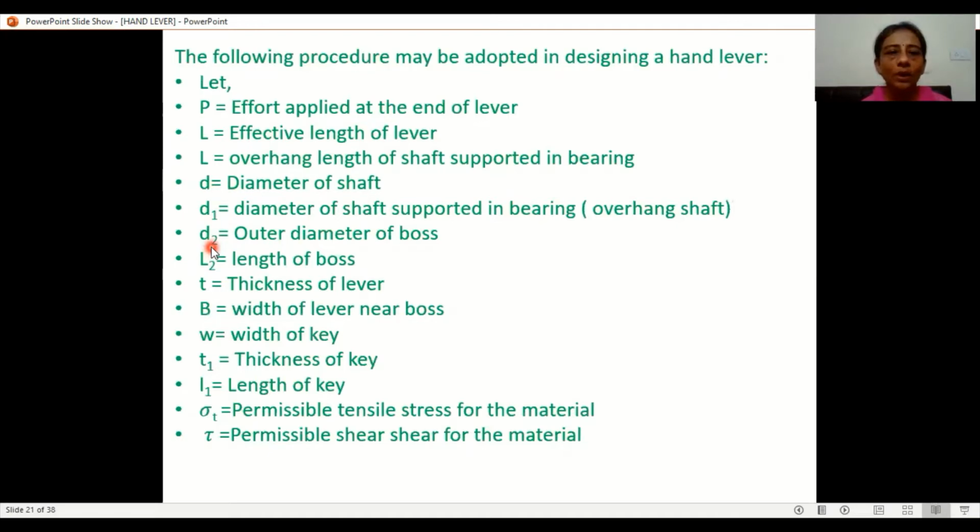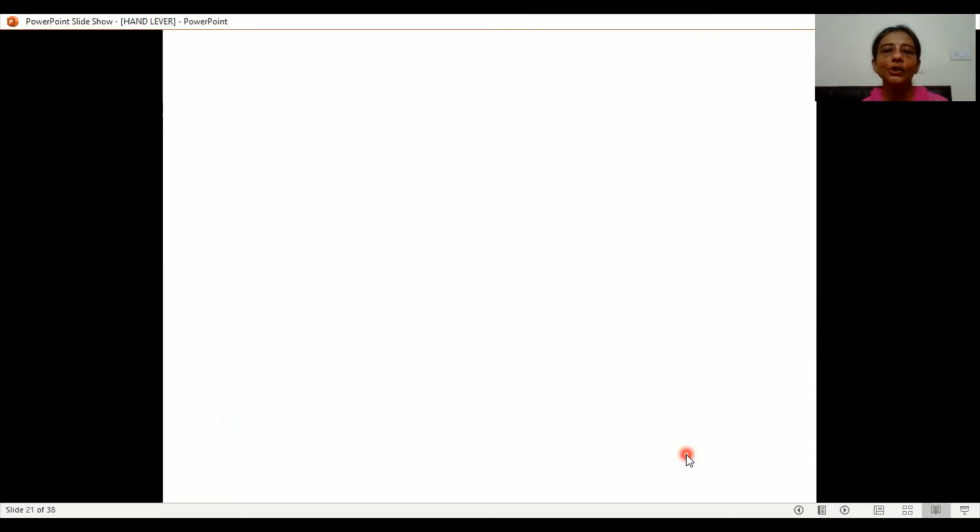D2 is the outer diameter of boss. L2 is the length of boss. T is the thickness of lever. B is the width of lever near the boss. W, T1 and L1 are the width, thickness and length of key. Sigma T and tau are the permissible tensile and shear stress of the material.